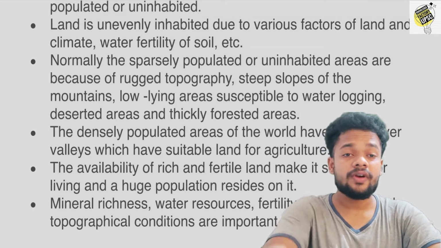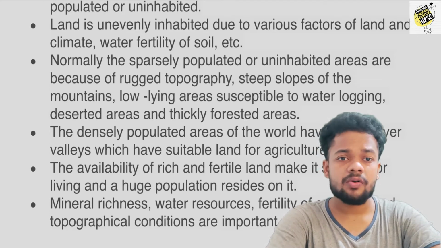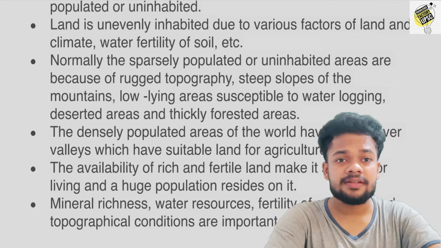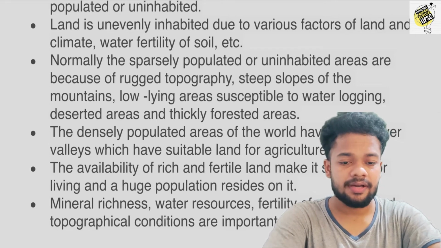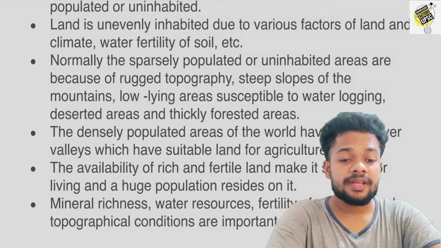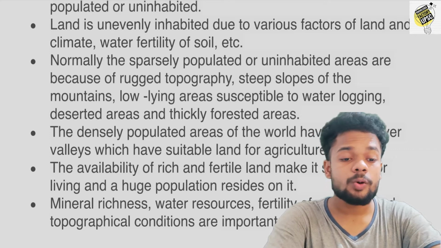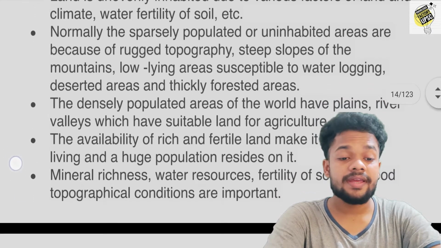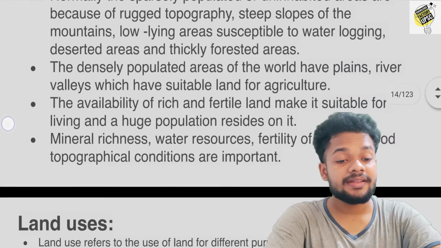That means we cannot find a certain amount of population in all areas, because some areas are not populated due to factors of the land, such as climate, water availability, agriculture and soil fertility, which play an important role in humans settling in a particular area. Normally the sparsely populated or uninhabited areas are because of rugged topography, steep slopes of mountains, low-lying areas such as areas of waterlogging, desert areas, and thickly forested areas.